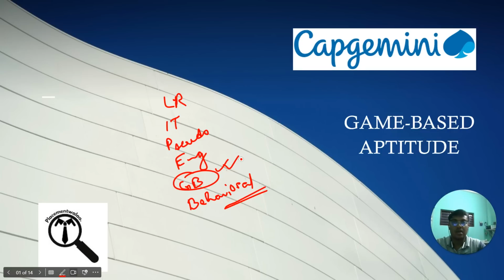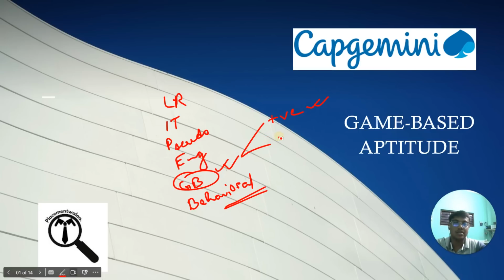So try to solve your game-based aptitude as correctly as possible and as fast as possible. It is something similar to the mobile application games or mobile games that we usually play, where there are multiple levels and we need to complete those levels as fast as possible and as accurately as possible. You would have positive numbers for every correct answer.